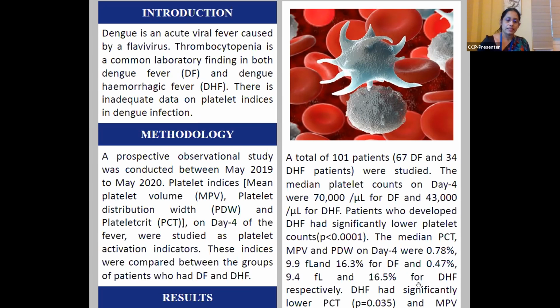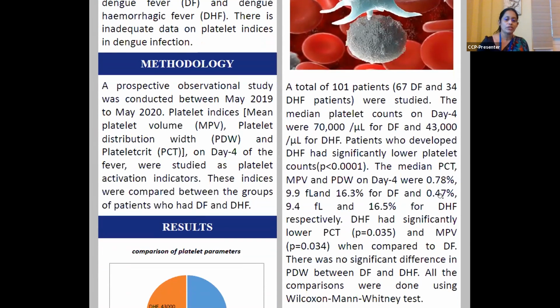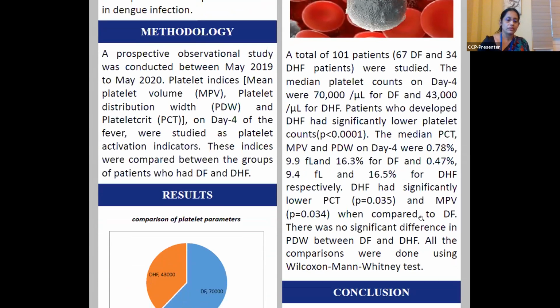So there is a significantly lower plateletcrit and mean platelet volume in dengue hemorrhagic fever compared to dengue fever. But there was no significant difference in platelet distribution width. We did this comparison using the Wilcoxon-Mann-Whitney test because our distribution is not equal, it is non-parametric, and we use the median.